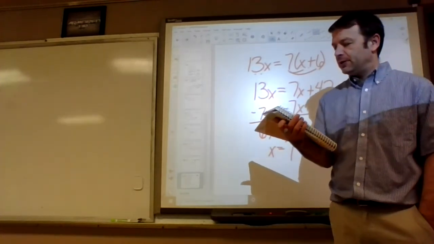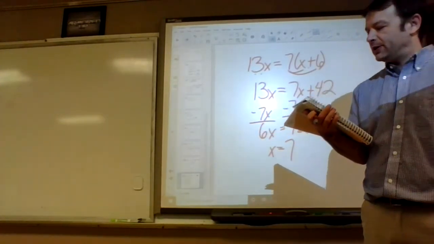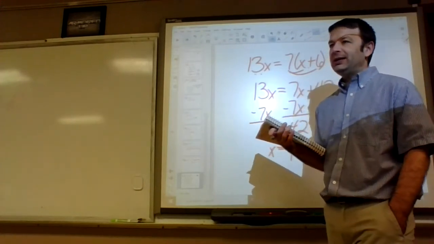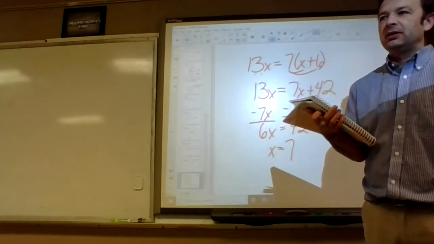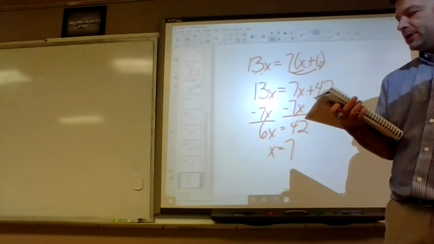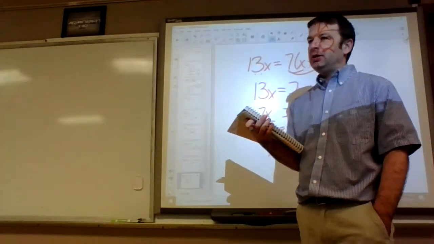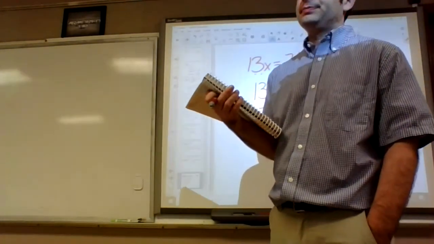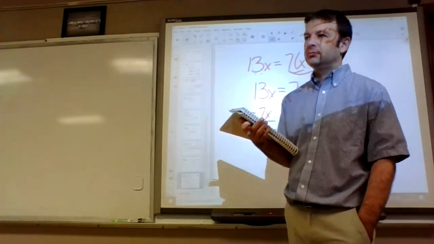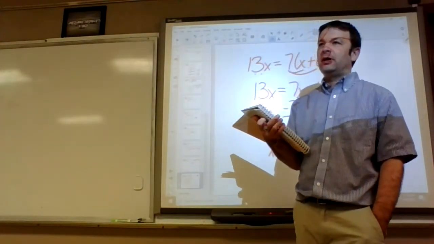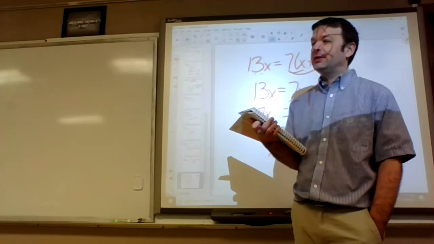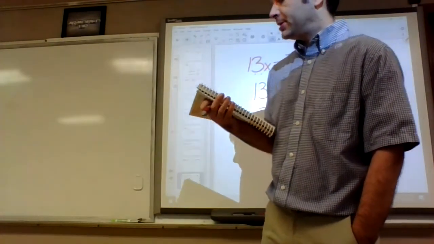Question B, find the measure of angle AED. How can we find it? It's not 90. Right, we just figured out x was 7, so if we put 7 in there, that will tell us the angle.